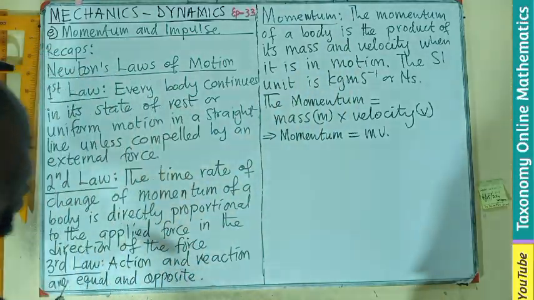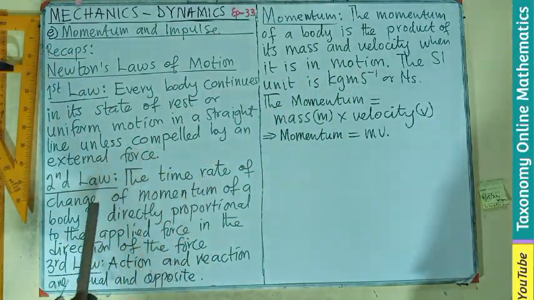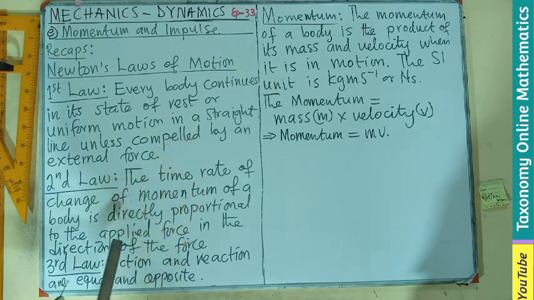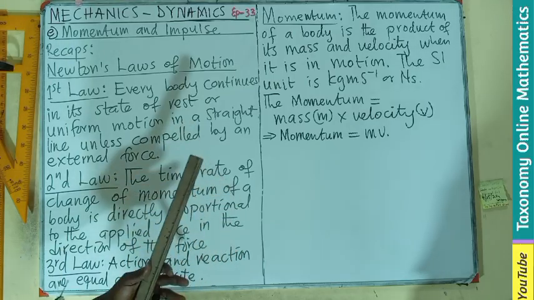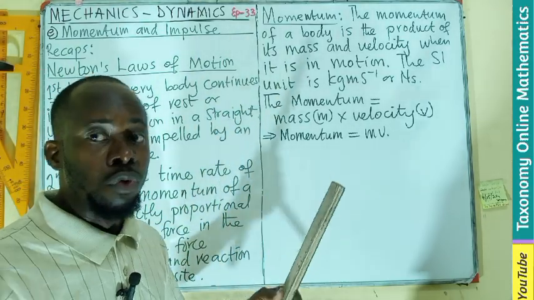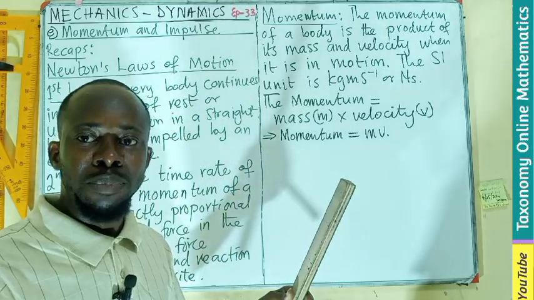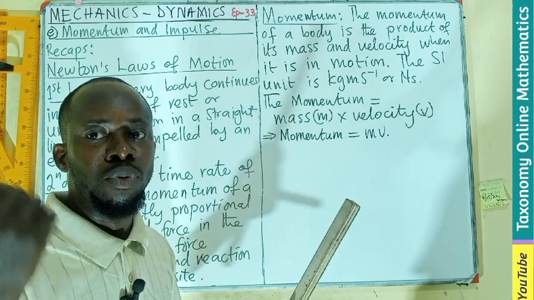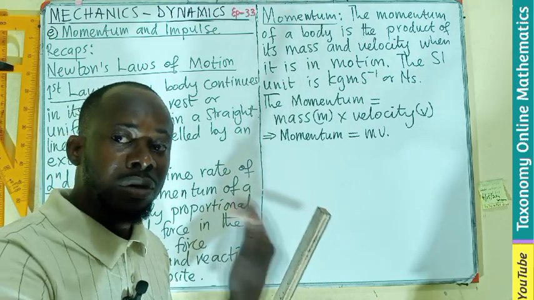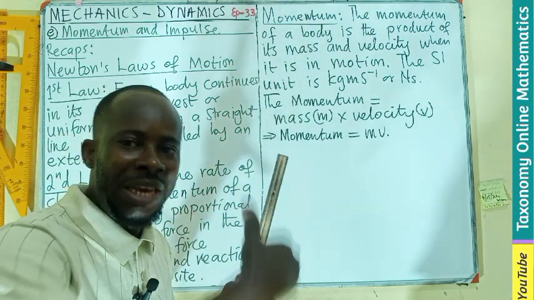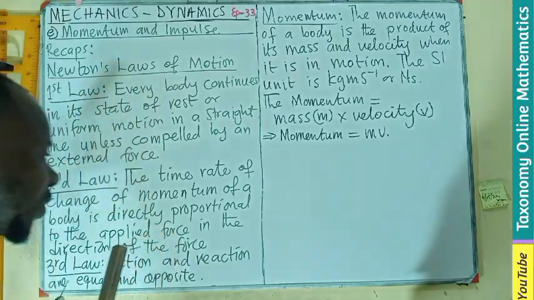So here we are saying that the time rate of change of that momentum is directly proportional to the applied force, in the direction of that applied force, such as kicking a ball, collision of bodies, cars in motion, propelling a bullet from a gun. They all use the mass and velocity in consideration.